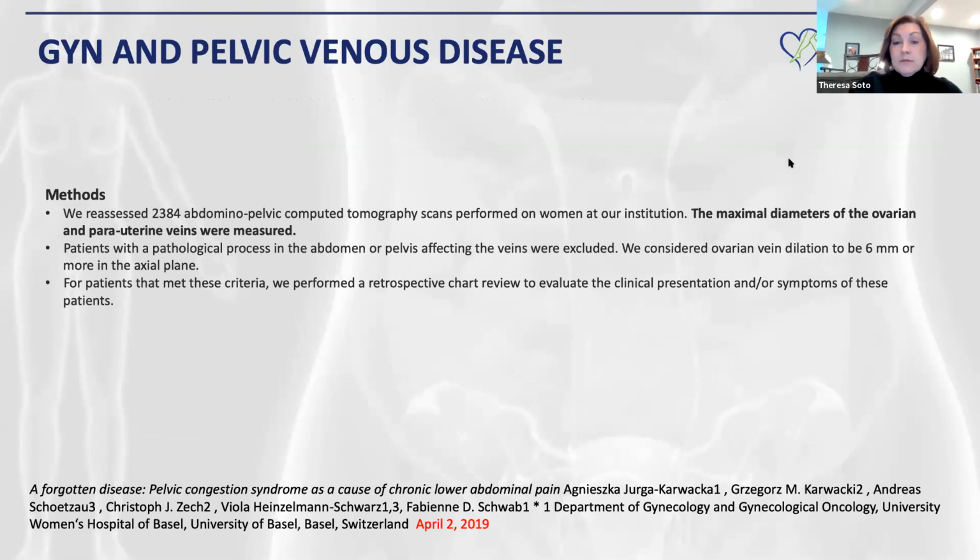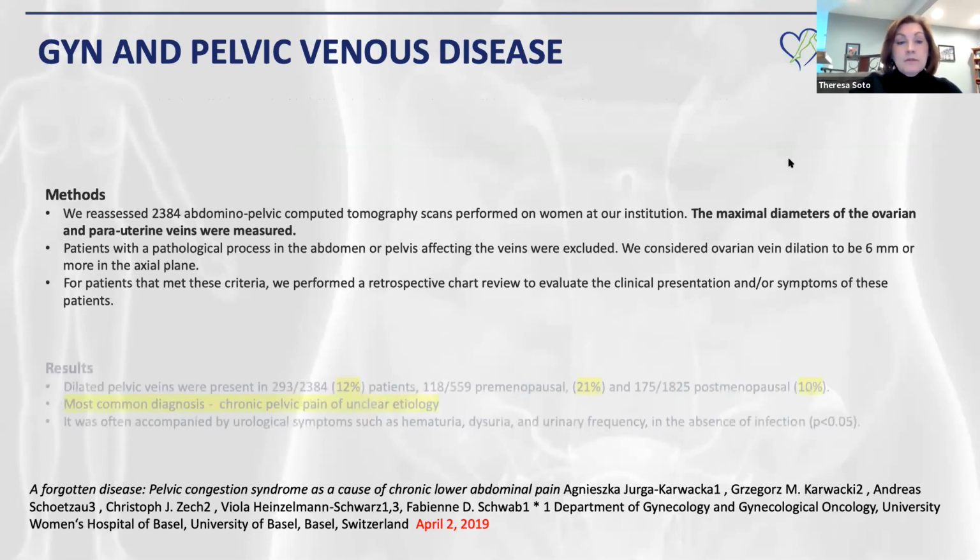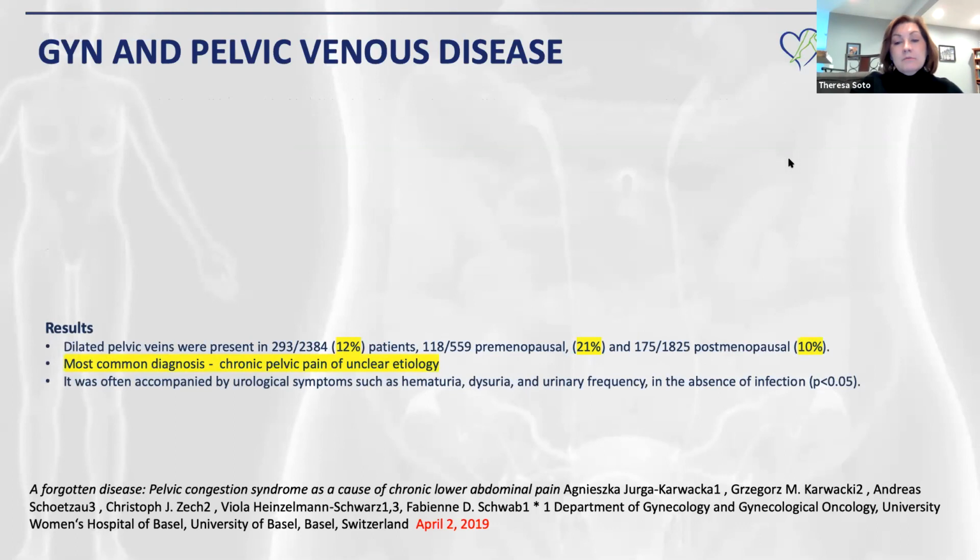They used 6 millimeters as their ovarian and parauterine dilation cutoff. And it was retrospective. The radiologist didn't know that this is what they were going to be looking for. And just on that little retrospective look through the charts, they found that dilated pelvic veins were present in 12% of patients, more premenopausal than postmenopausal. And the most common diagnosis was chronic pelvic pain of unclear etiology.